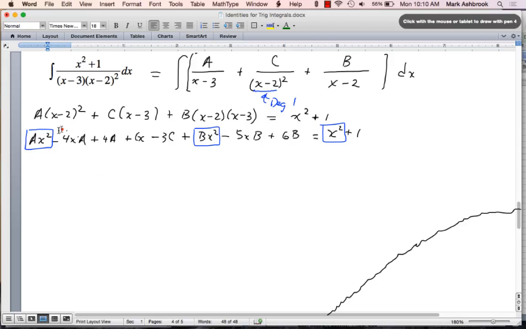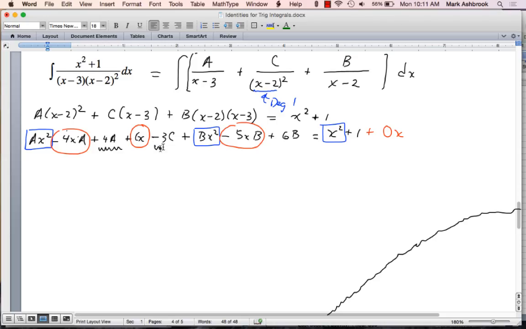I've got negative 4xa, I've got cx, I've got minus 5xb. And then what do I have? There's really 0x over here, right? There's no x term, so it's like 0x. And then finally my constant terms, black squiggle: constant, constant, constant, constant.